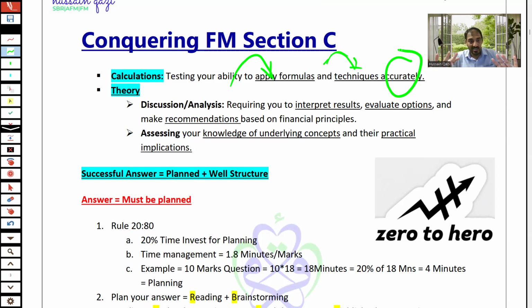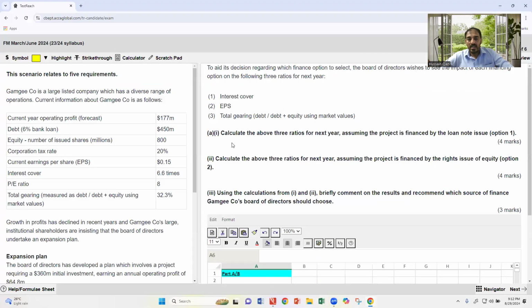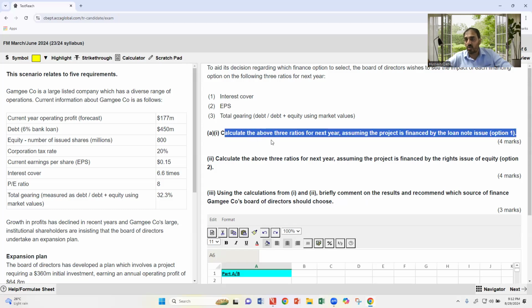Number 2, very important, the theoretical part. There are two categories of question the examiner examines. Number 1, discussion and analysis, and number 2, assessing. Discussion and analysis means, for example, in a section C type question, the examiner mentions in A1: calculate the above ratios.